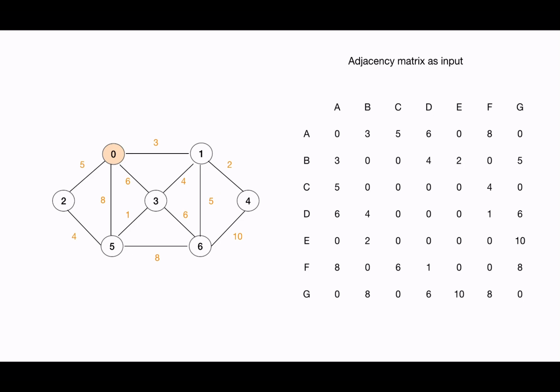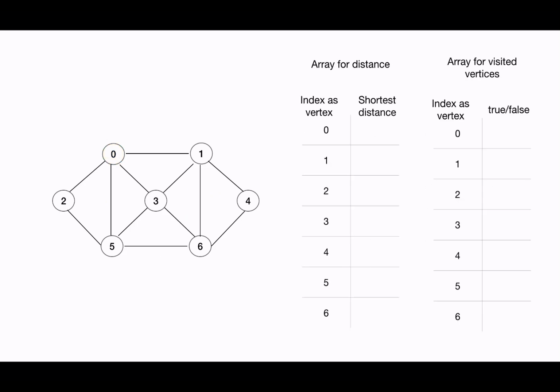So this is one matrix that we will have, and we will have another array that will store the shortest distance that we are finding using this algorithm for each vertex. So the index of this array will represent the vertex. As you can see, we have 0, 1, 2, 3, 4, 5, 6.